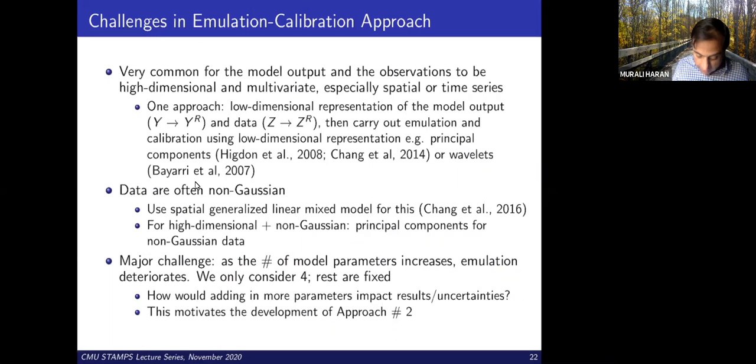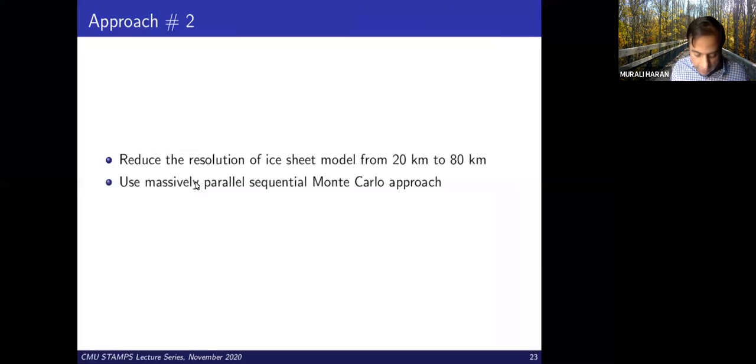So in our particular example, we considered just 4. And so a natural question to ask is, well, if you didn't fix all those other parameters, how would it have impacted your conclusions? And so this motivates the development of a different approach that I'm again going to just briefly walk through.